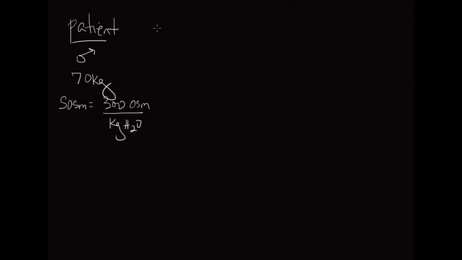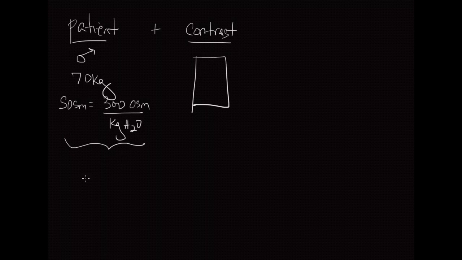What we're going to do is take this patient and give this patient a hyperosmolar solution, and that is going to be contrast. And we'll talk about what goes in this box later on. And we want to determine how much volume the patient actually sees for a given amount of volume of contrast. So let's work this out. Let's first determine how many osms this patient actually has.